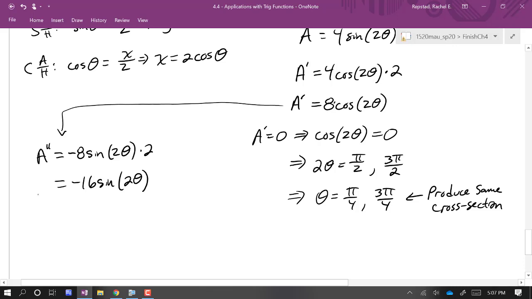If we plug in pi over 4, negative 16 sine of 2 times pi over 4, which is pi over 2, gives negative 16. The 16 is not that important; what matters is that this is negative, so it's concave down, and that means that pi over 4 gives a max.